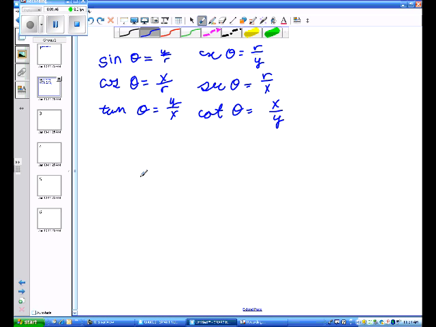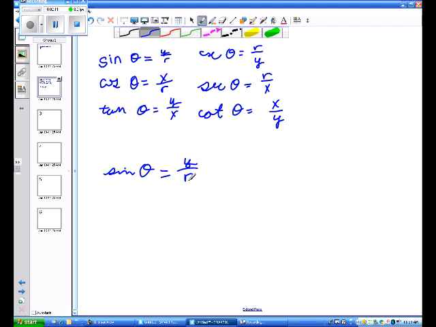We know by definition that the sine of theta is y over r. Now, back in arithmetic, you learned that when you have a fraction, as long as you do the same thing to both the numerator and the denominator, you can do just about anything that you want to.